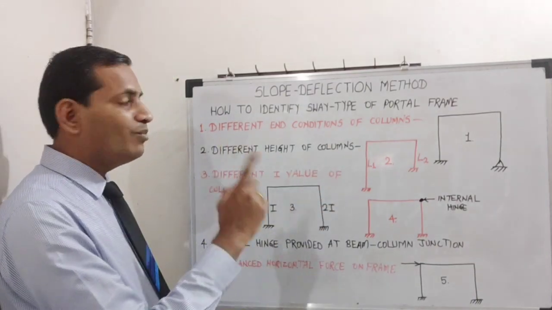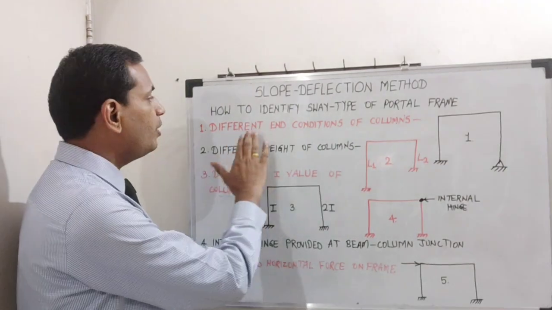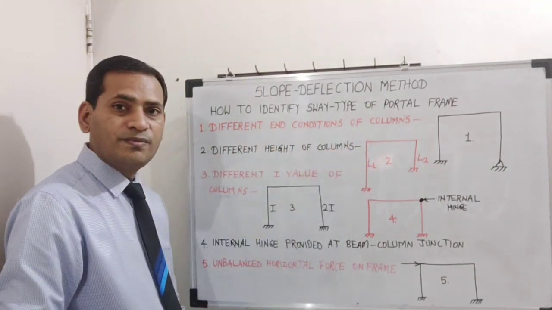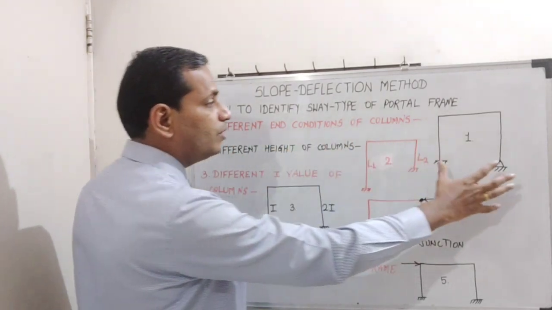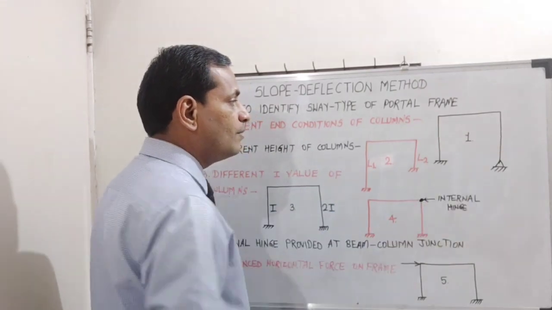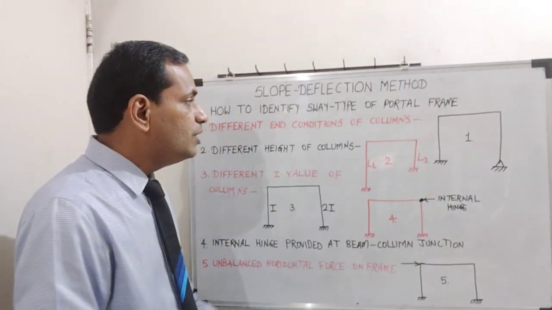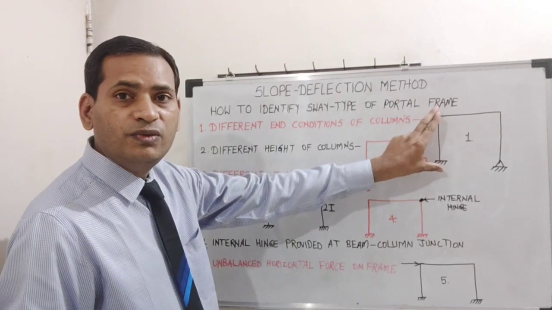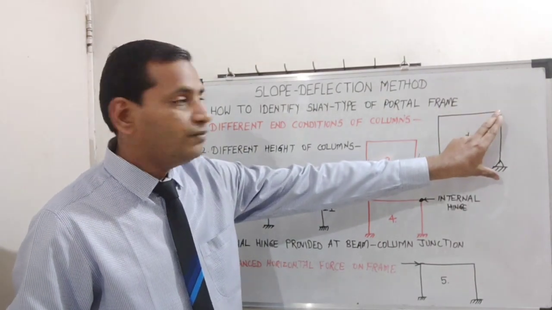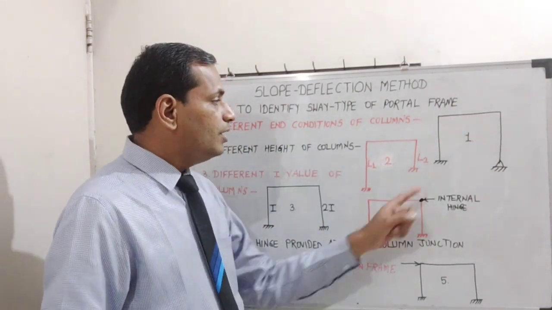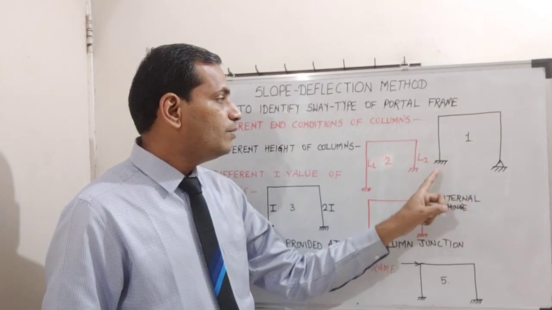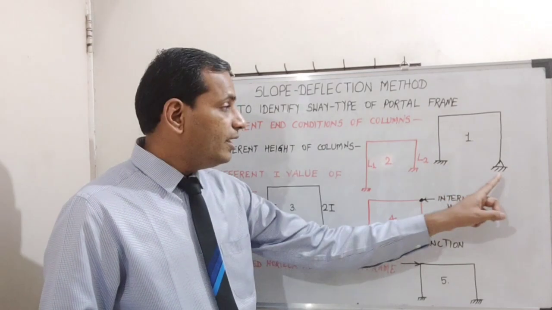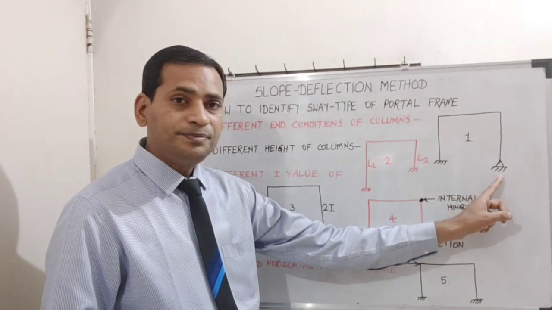Let us start with number 1, different end conditions of columns. For this we refer to diagram 1. This is one column of the frame, this is another column of the same frame, and at the bottom ends of the columns, one end is fixed and the other is a hinge type of support.